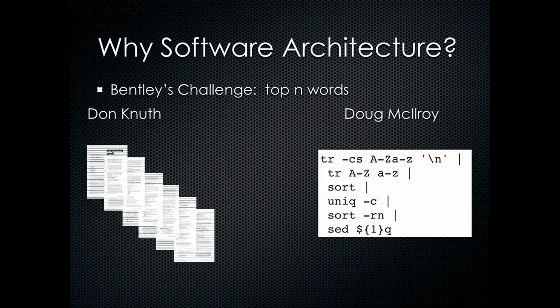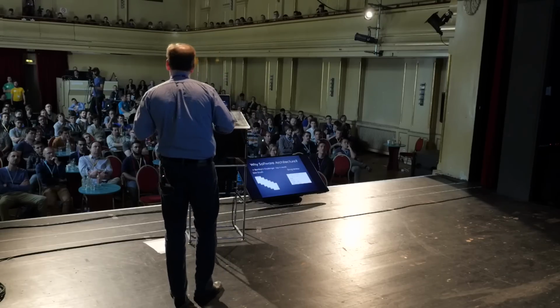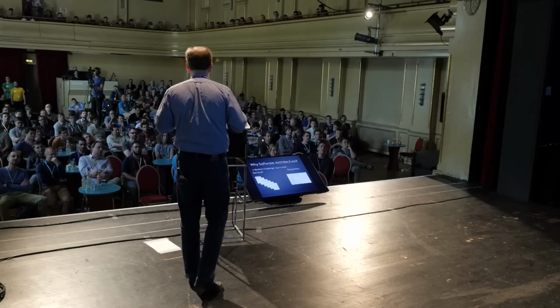It was 12 pages of code. I only show 6. And on the right-hand side, that's Doug McIlroy. He invented Unix pipes. And he said, yeah, I can do this in 6 lines of code, because it's dataflow, right? The other one was procedural, that's dataflow. 6 lines of code, 12 pages. It makes a difference, right?